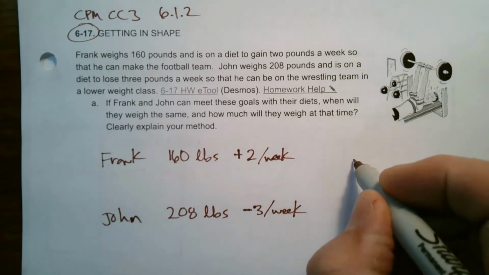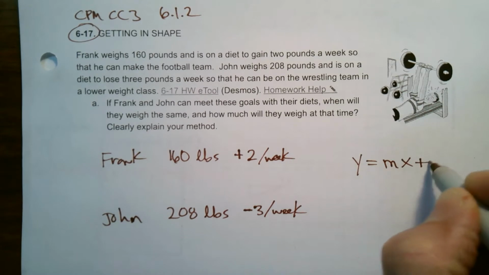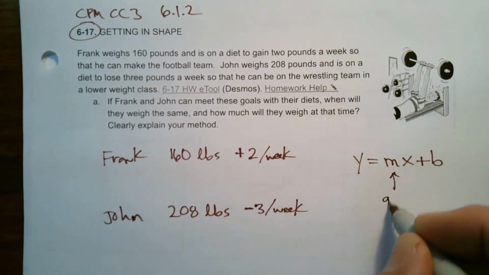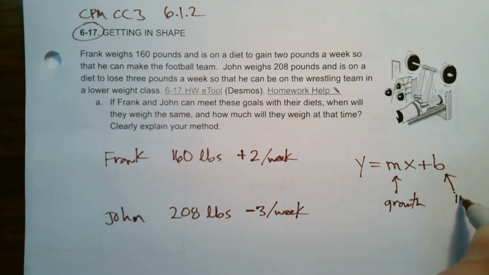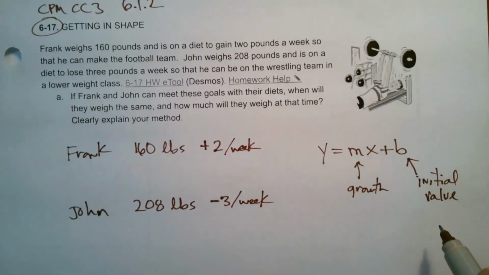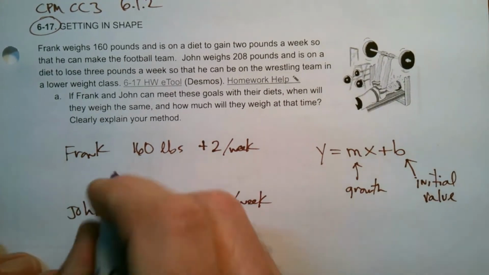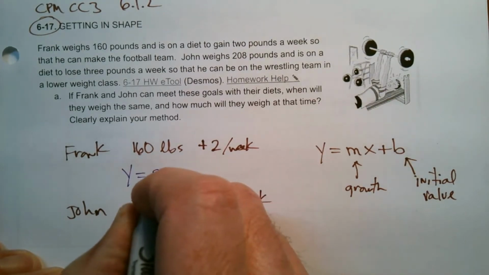So this is where we bring in our standard equation, y equals mx plus b, where m always is your growth and b is always your initial value, your starting point. So I can write an equation for each person. For Frank, y equals, well, his growth is positive 2.